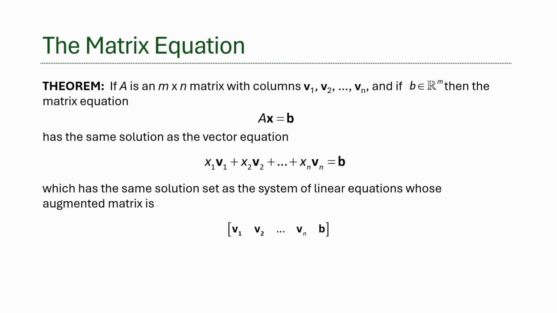A little abstract, right? It's not really pointing us in the direction of how to solve problems. We're going to get to that in just a minute. But it establishes a very important connection between all of the topics that we've been talking about so far.